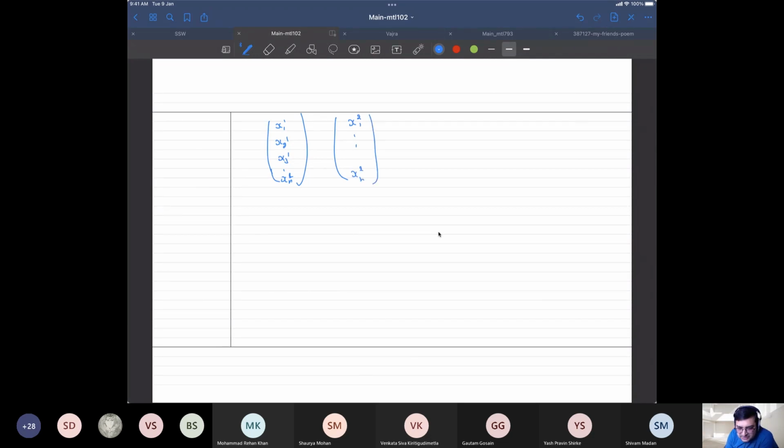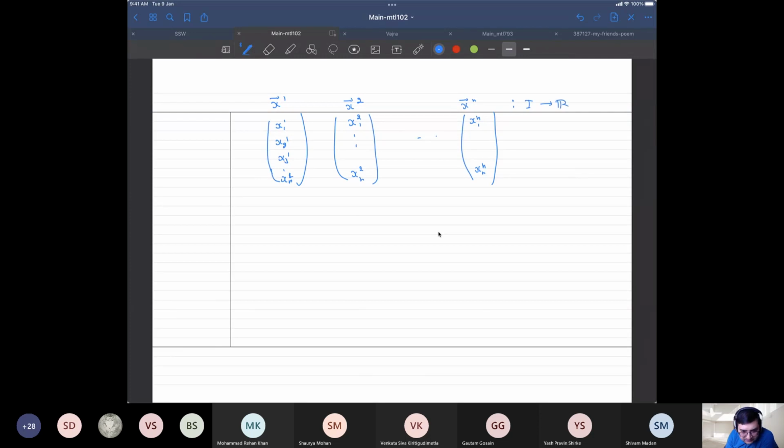The superscript represents the number and the subscript represents the component. So this is vector 1, this is vector 2, and this will be vector n. Of course, you have to assume that they are defined from the interval I to R.